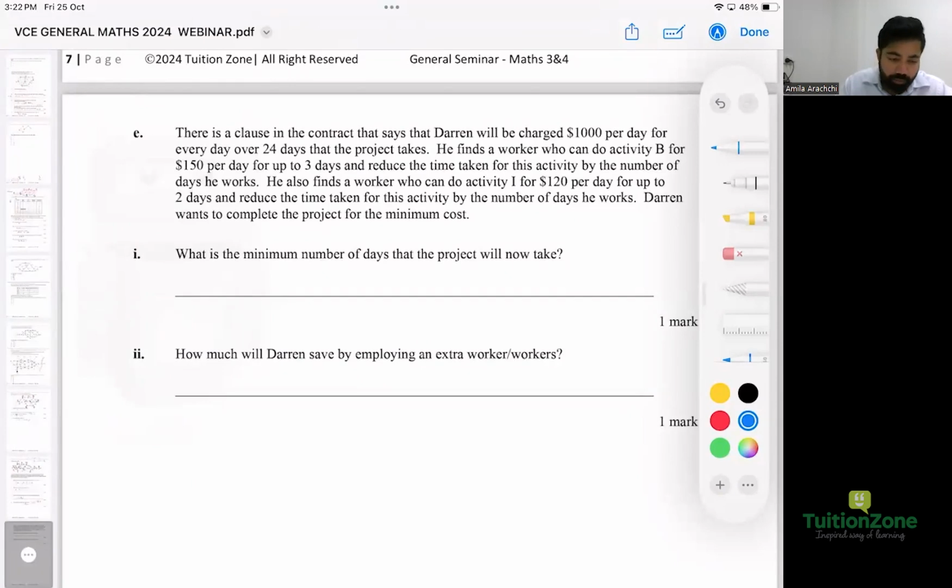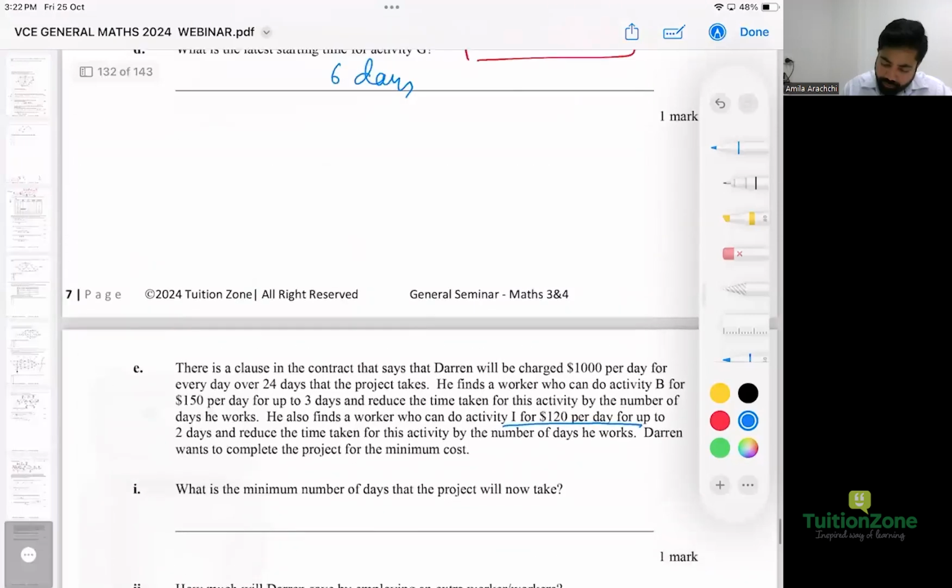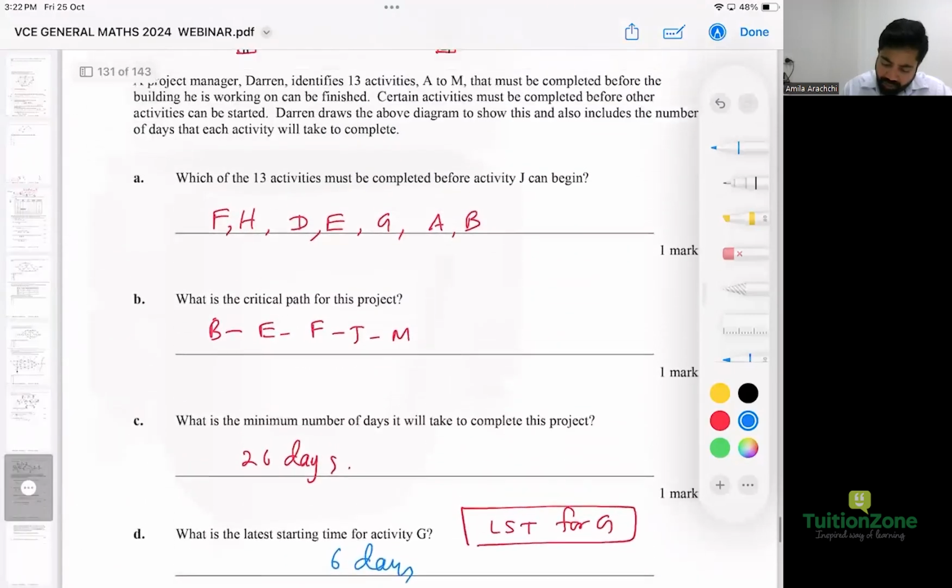So you want to do the minimum completion time. They're asking what is the minimum number of days that the project will now take. So let's see which ones they're talking about. It says I for 120 per day. Is the I on the critical path? I don't think so, isn't it?